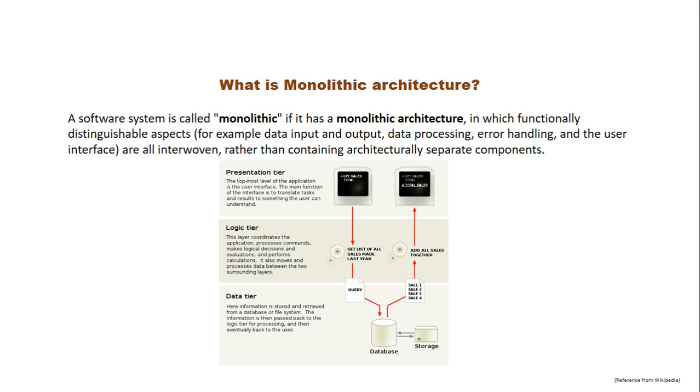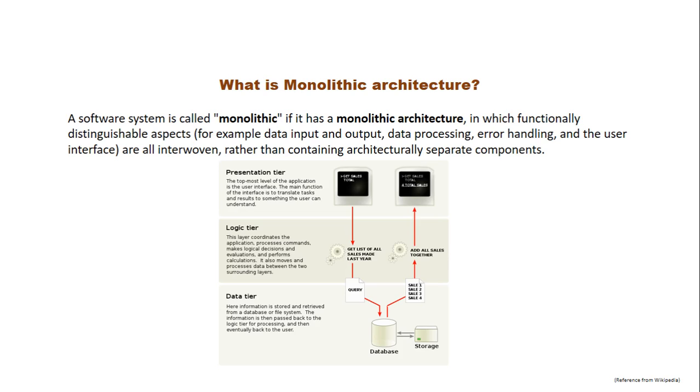If it needs to request data or send data to the database, it sends a request further to the data tier, which stores or gets the data, comes back to the logic tier, and then sends a response back to the presentation tier. This is the monolithic architecture, on which most projects are currently developed.